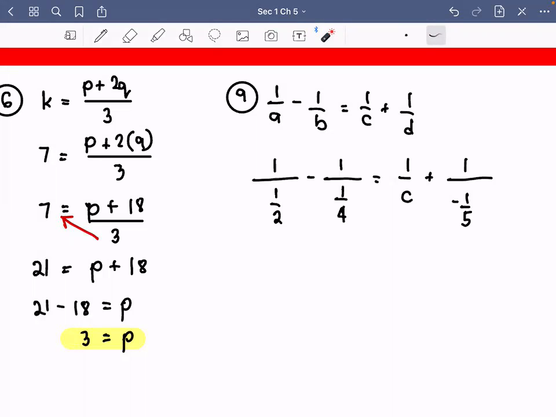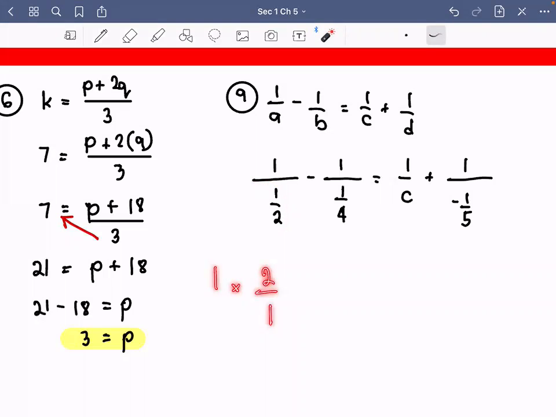Okay, so let's say we have 1 here. So 1 divided by 1/2. So how do you divide fractions? You get the reciprocal of this, right? So after you get the reciprocal, you proceed with multiplication, right? So it becomes 1 times 2 over 1.